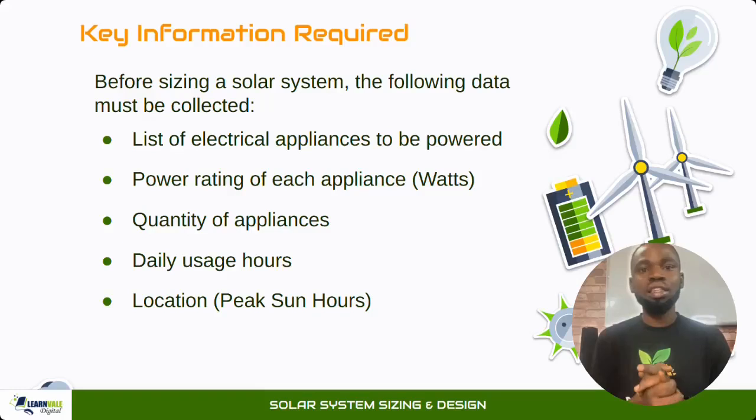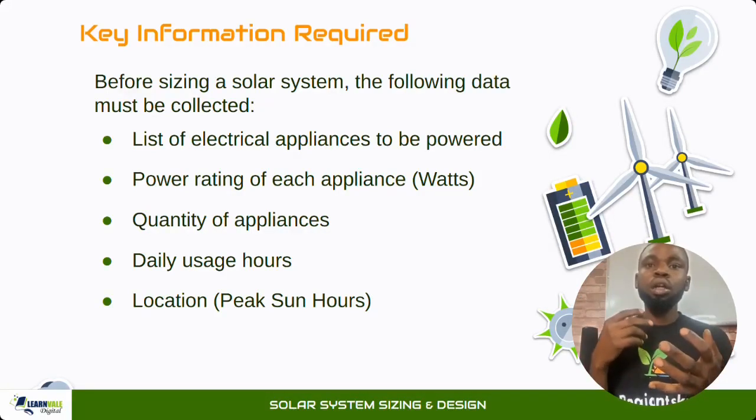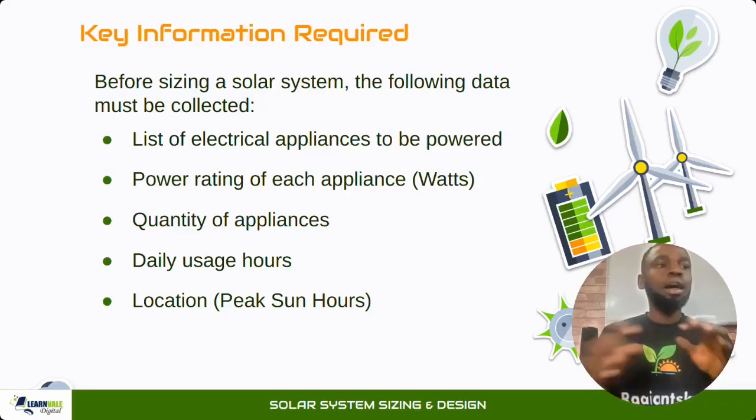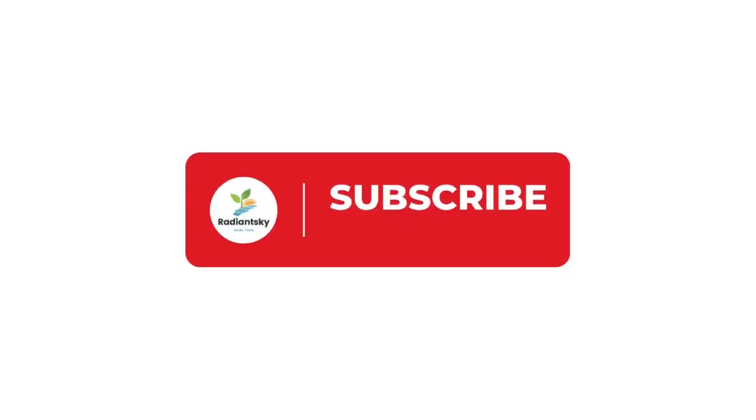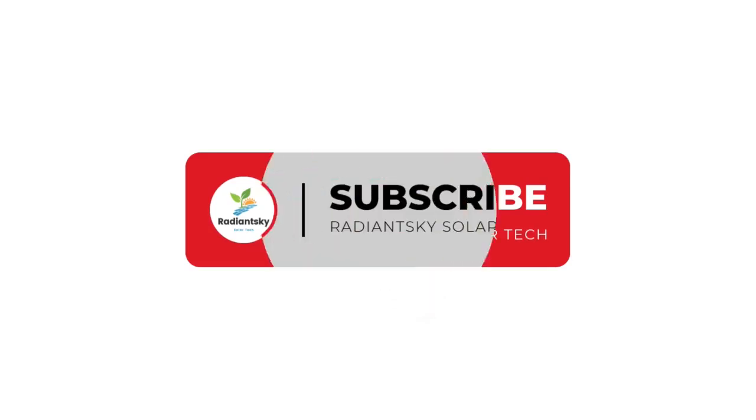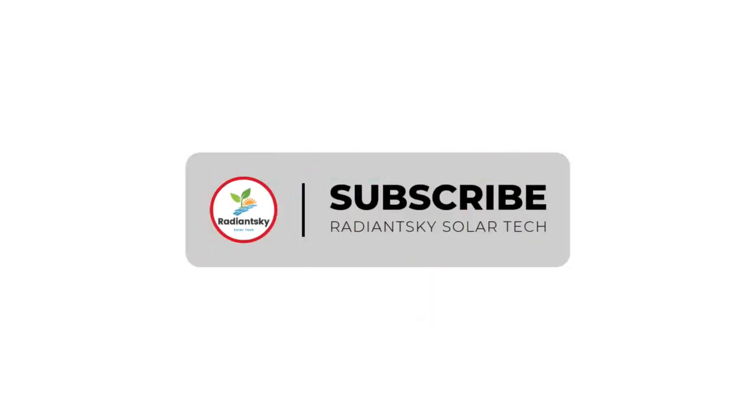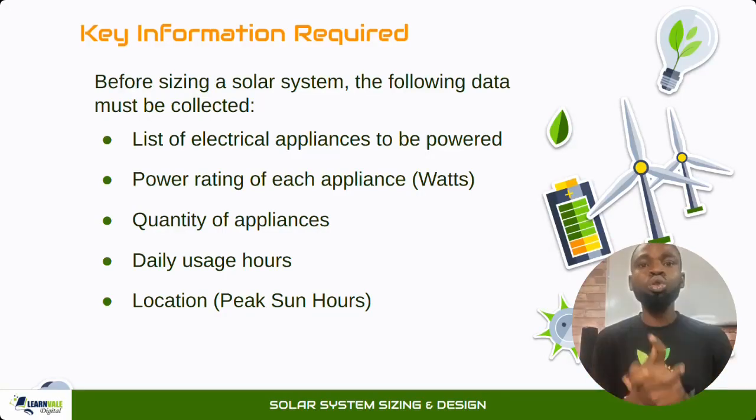Depending on the region and the temperature of the region, peak sun hours can differ. In Abuja here we work with about 4 to 6 peak sun hours. In your region, your country, it can be different, but you need this information because this is what you are going to use to determine the amount of energy you can produce with your solar panel. So you need to know your peak sun hours.